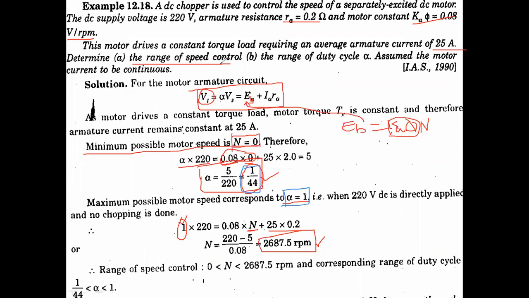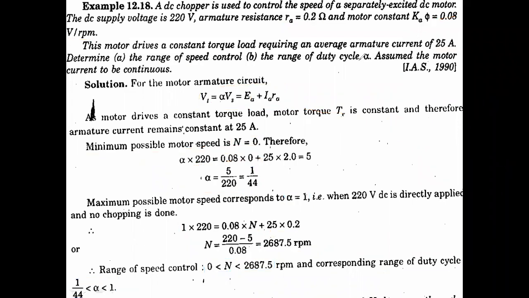So the range of speed control is from 0 to 2687.5 RPM, and the range of the duty cycle will be 1/44 to 1. So this is the duty cycle range, and this is the speed range of the machine. And this problem was given in the Civils exam 1990. Okay. Thank you.